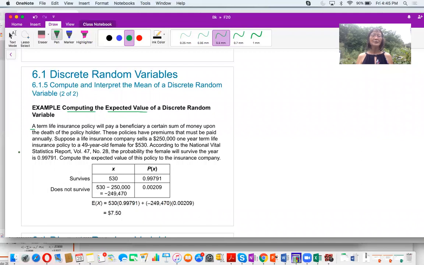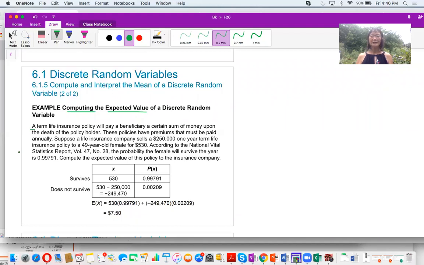Suppose a life insurance company sells a $250,000 one-year term life insurance policy to a 49-year-old female for $530. According to the National Vital Statistics Report, the probability the female will survive the year is 0.99791. Compute the expected value of this policy to the insurance company.